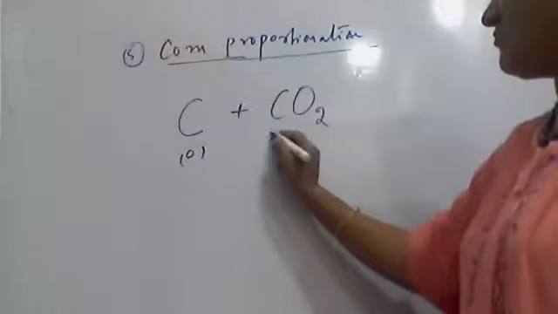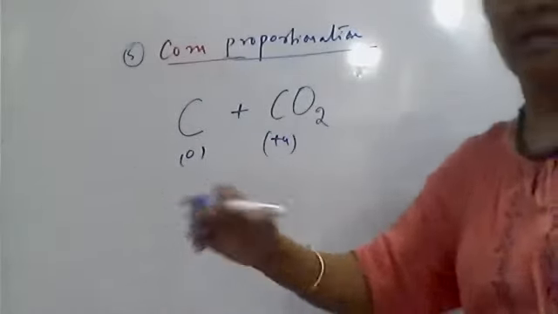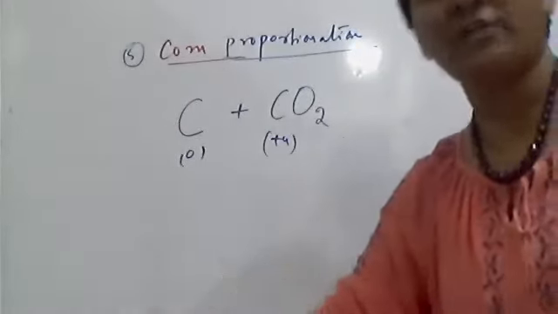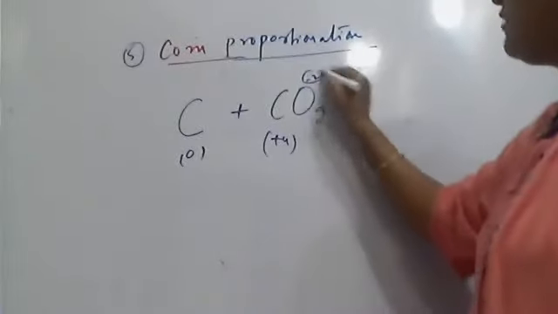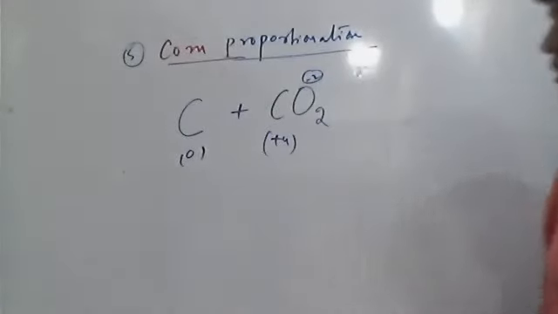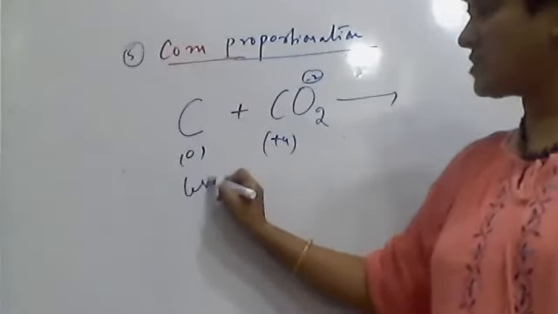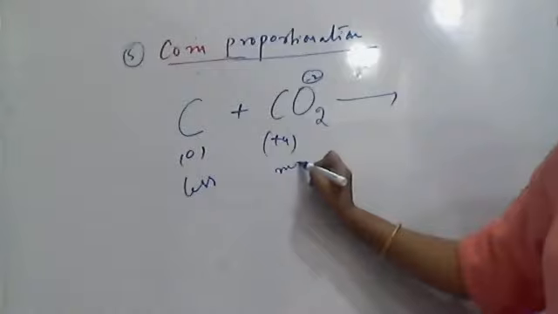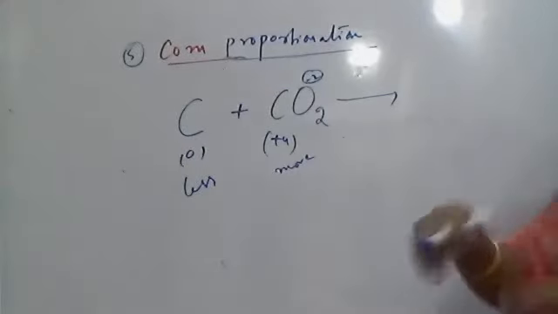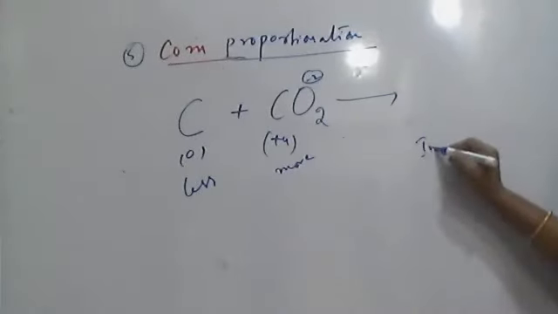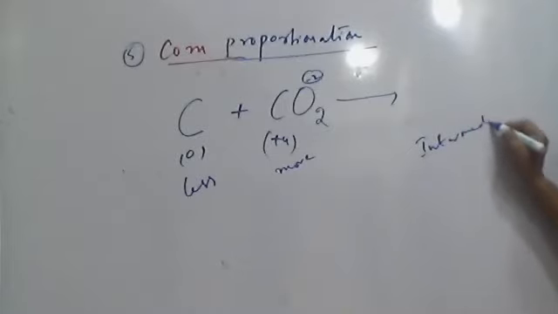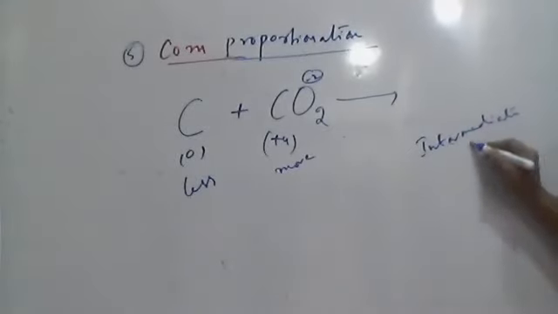Very good. +4, where oxygen is -2. So here, this 0 is the lower state and +4 is the higher oxidation state. Now these two combine to form what? They have to form an intermediate oxidation state.